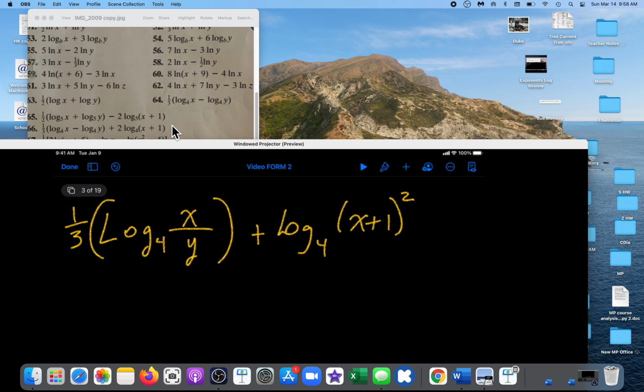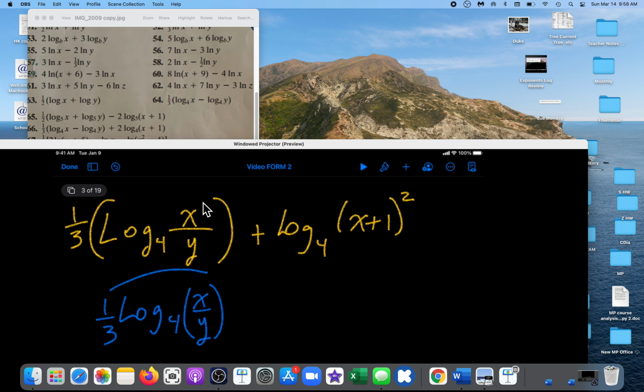Okay, why did we do that? Because eventually we're going to try to condense this, and we can't do that with that 2 out front. So we had to do that. So now this coefficient is 1. We're going to take this and bring that to that. So this becomes log base 4 of x over y to the 1/3.